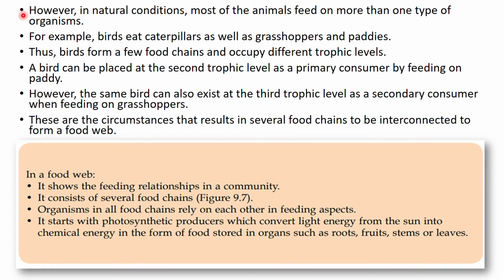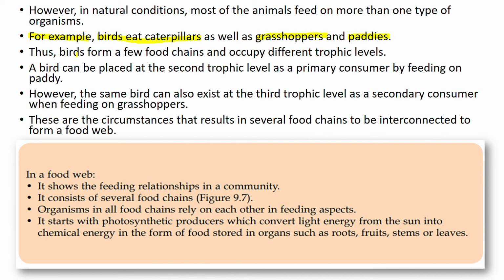Okay. However, in natural conditions, most of the organisms feed on more than one type of organisms. Sebenarnya dia bukan semudah yang kita lihat dalam satu rantai makanan, ya. For example, birds eat caterpillars, as well as grasshoppers and also paddy. Thus, birds form a new food chain and occupy different trophic levels.